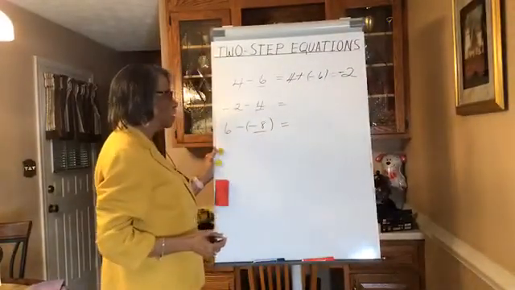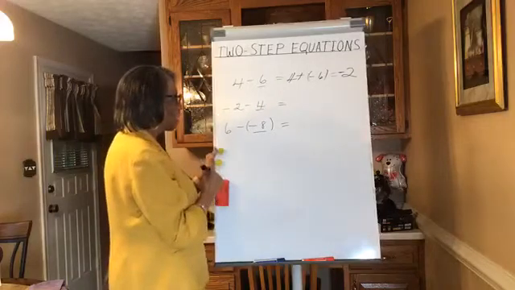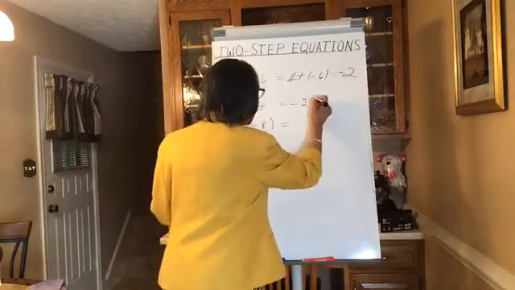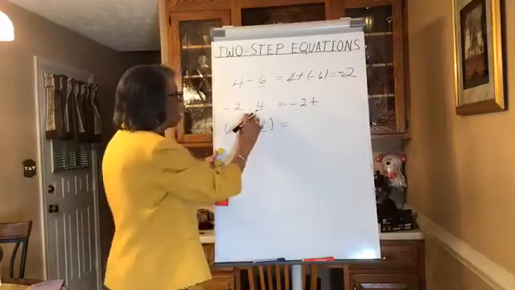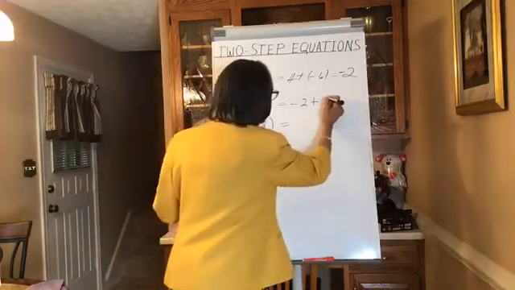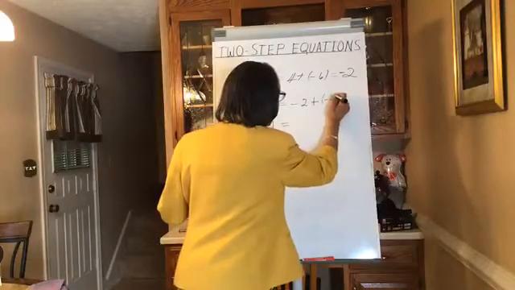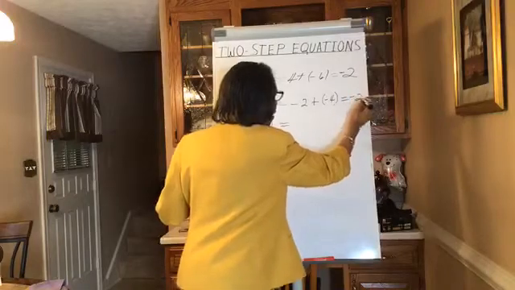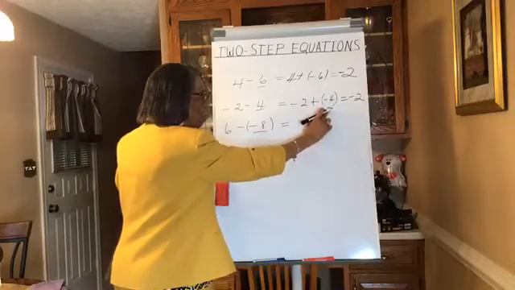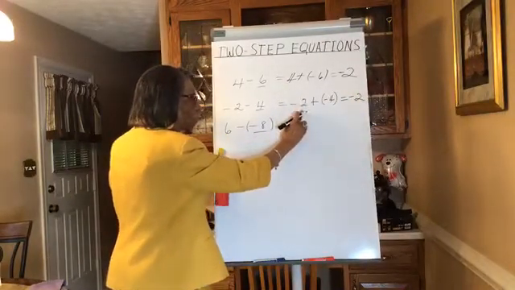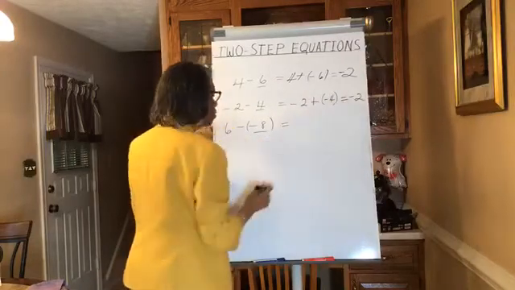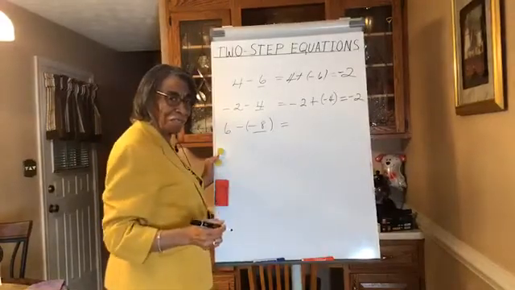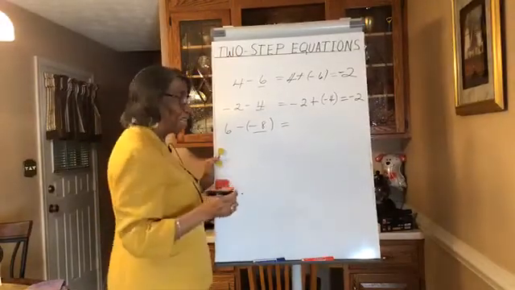All right. Let's do the second one. Negative 2 plus the opposite of positive 4, which is negative 4. And the answer again is negative 2. Absolute value of 4, which is 4, minus the absolute value of 2, which is 2, equals negative 2. And you know, it's just odd that all of these end up being 2's, and it wasn't planned.